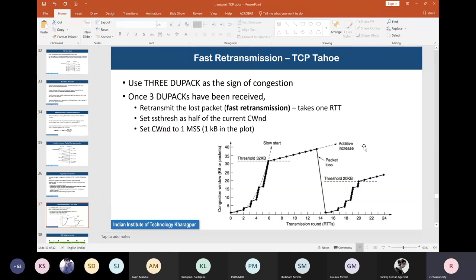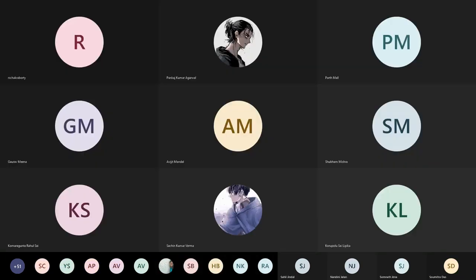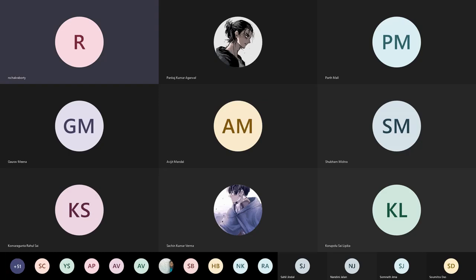Let me try to project that. Let me find the slide with the sawtooth-like waveform of TCP Reno. Just wait. So people were not happy about this, and that is why this question was asked.